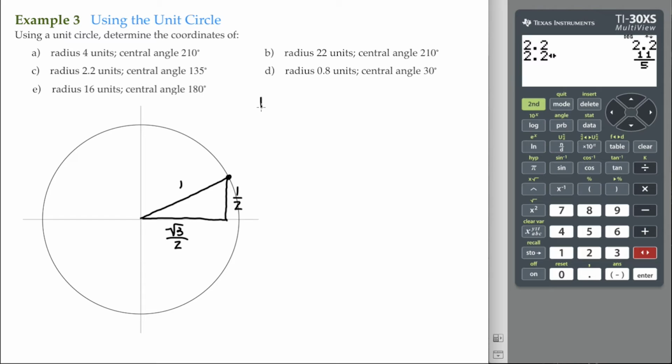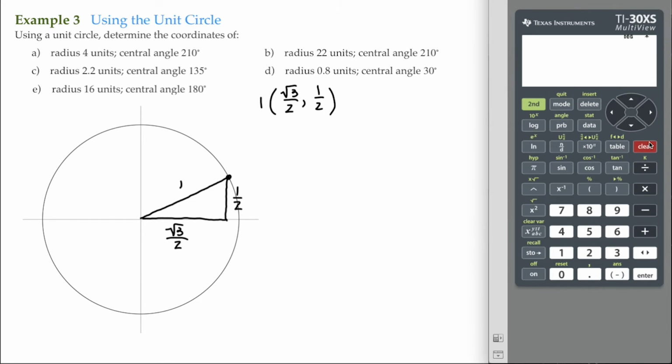So I put down 1 as my radius measure, and I put in root 3 over 2 for my x coordinate and 1/2 for my y coordinate. But it has a radius of 0.8 units. 0.8, that conversion, that's 4/5. Or you can think of 0.8 as 8/10, and that simplifies to 4/5. So I'll go ahead and do 4/5.